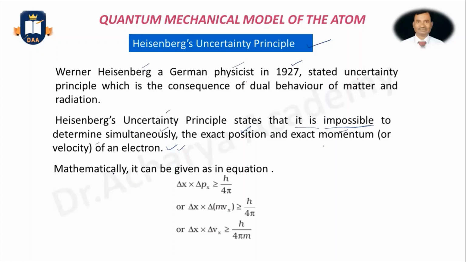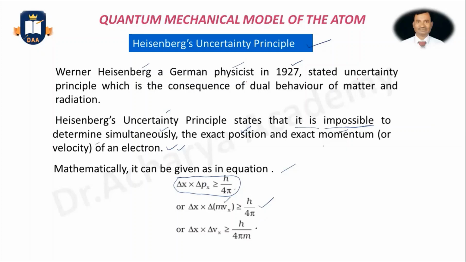So mathematically, he has given one equation. This is that famous equation: delta x multiplied by delta px is greater than or equal to h by 4 pi. Or we can derive, because px is m vx, we can rewrite the equation as delta x multiplied by delta (m vx) greater than or equal to h by 4 pi.